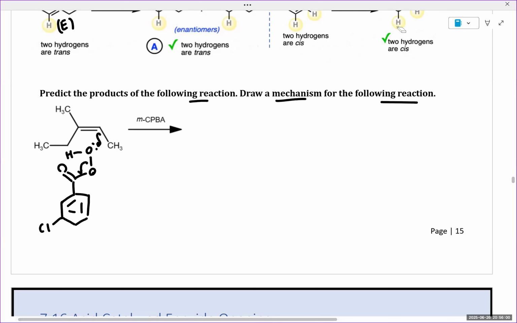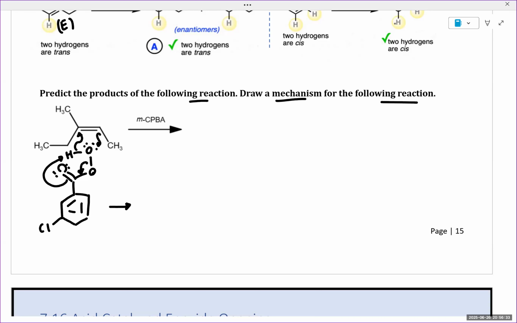And I'm going to show you another way that your textbook likes to draw the arrows. So first you draw an arrow from the alkene to the oxygen. You break the peroxy acid oxygen-oxygen bond. You then abstract a hydrogen, and it's this set of electrons that's used to form the second oxygen-carbon bond. This is the way that your textbook draws this concerted mechanism, and both ways of drawing the arrows are fine.